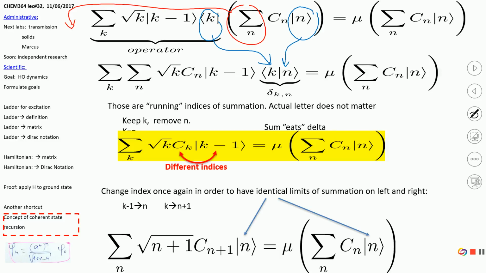When bra and ket meet each other, we apply which property? Orthogonality, normality, yes. So the bra times ket will be either 0 or 1, depending on the coincidence or non-coincidence of the indices inside the bracket.